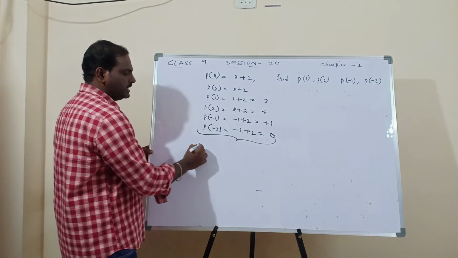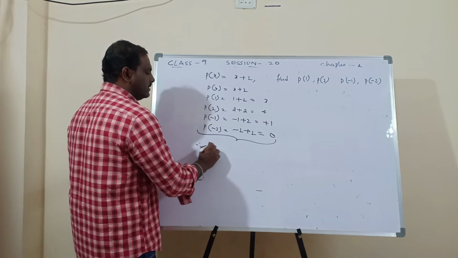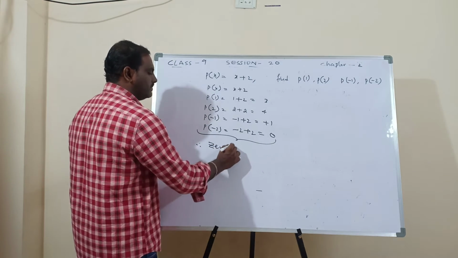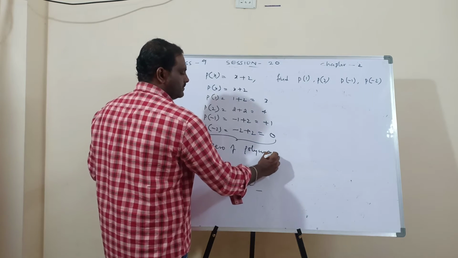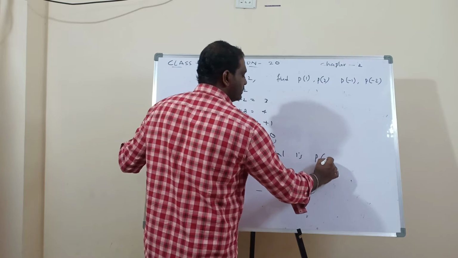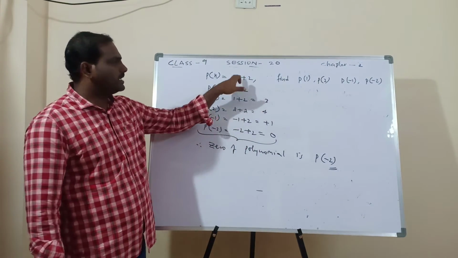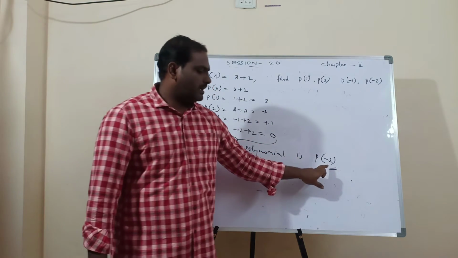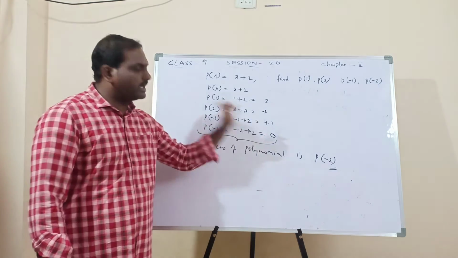So therefore, since we got 0, the zero of the polynomial is p of minus 2. This is the answer. That means for the given polynomial, if I place minus 2, then I get the remainder 0.